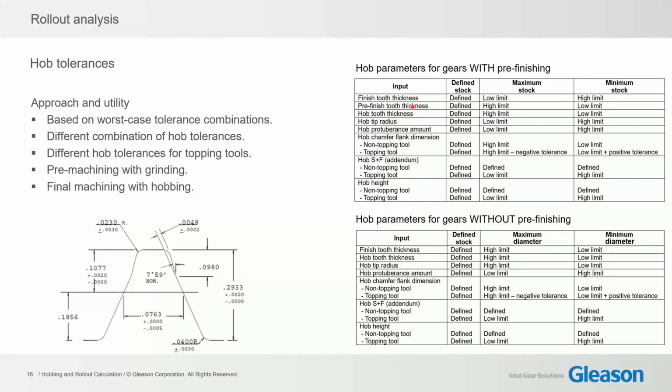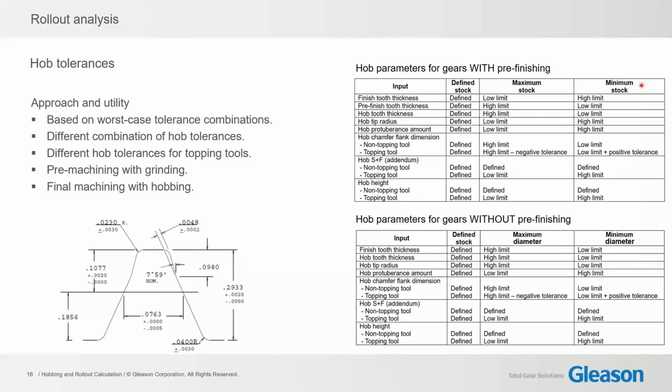This will give us our maximum stock conditions. To consider this, we also take the maximum hop tooth thickness. We take the minimum tip radius and the minimum protuberance amount. And then, based on whether it's a topping tool or non-topping tool, we also have a different combination of tolerances.